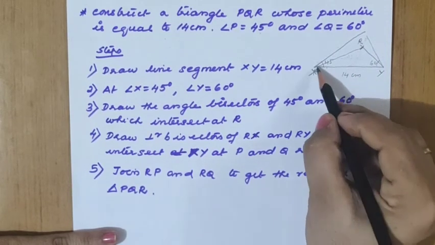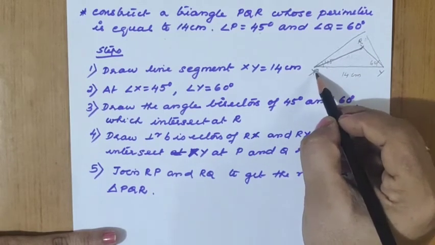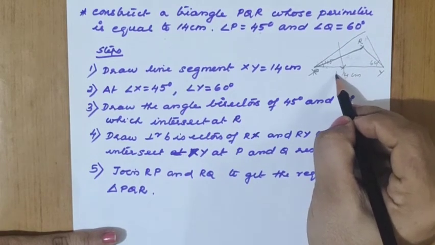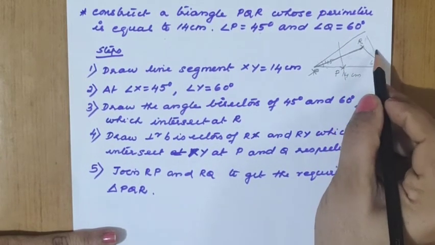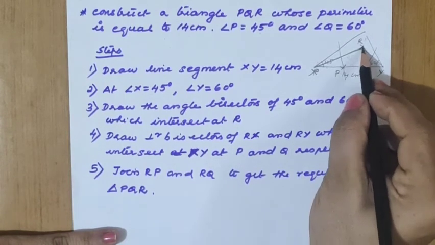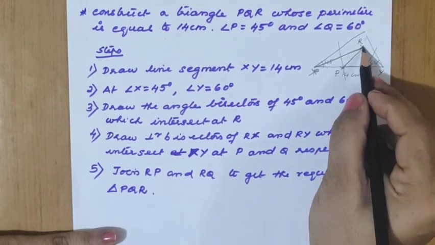Now what is the next? Once we got this one, perpendicular bisector of XR to be drawn, this will intersect at P, and here RY to be drawn, this will intersect at Q. Now we have to join PR and we have to join RQ for getting the triangle.